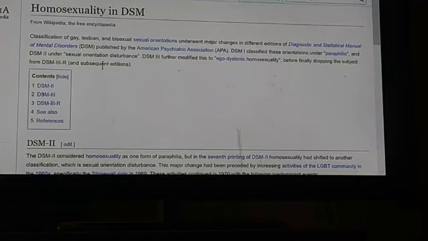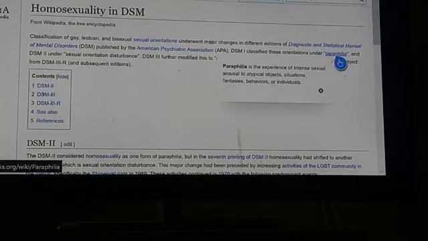Homosexuality, LGBTQ, that's what it is. You have these feelings that don't go along with the atypical human experience when it comes to sex. Whether that's the physical sex or the gender sex.